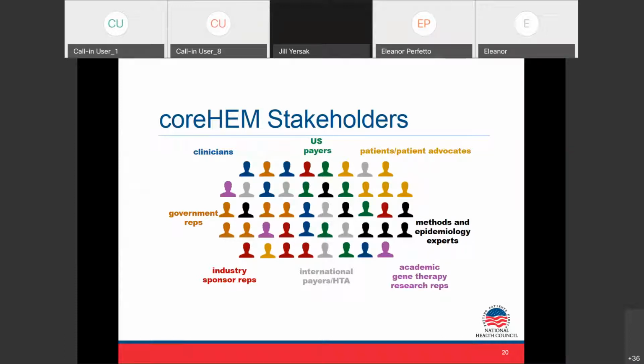So we try to get all of the key stakeholders who should have a say in how we're doing this involved. But we have a particular approach that I'll describe to you for making sure that the patient voice comes through.